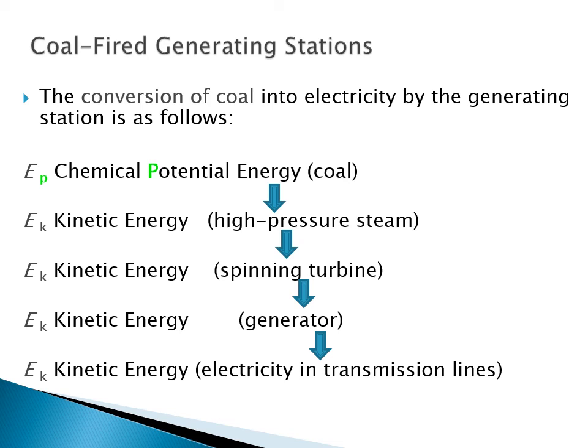However, at each stage, we're going to be losing energy because not 100% of the coal's heat goes into heating the water for steam. So we lose heat. At the same level, when we go into using that steam to spin the turbine, we're going to be losing heat because these are machines.